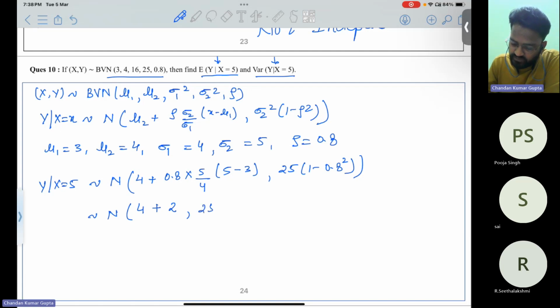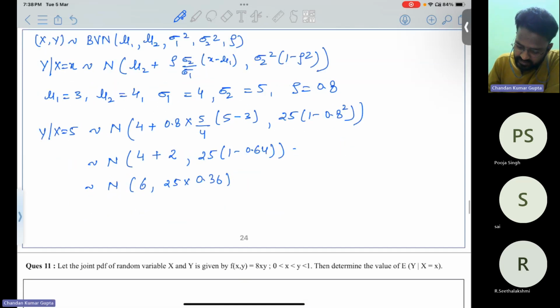And the variance is 25 into (1 minus 0.64), which is 25 into 0.36, so this comes out to be normal with 6 and 9.